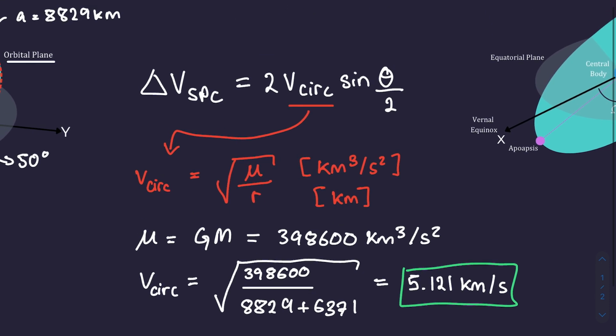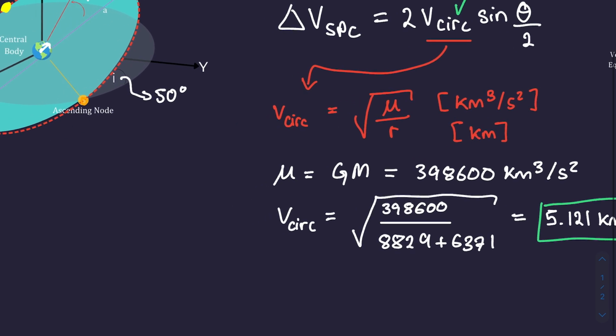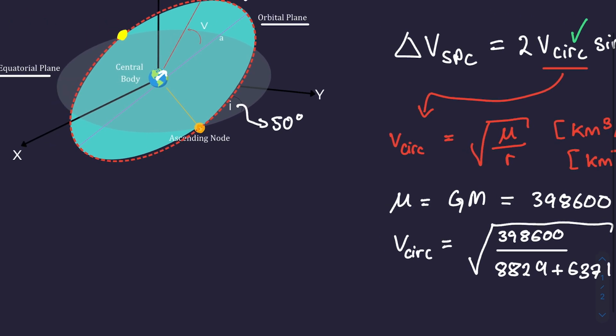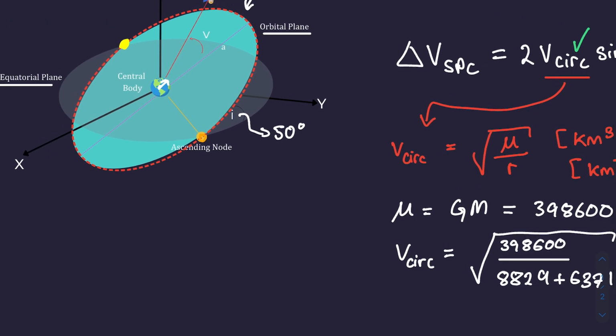So we've got our circular velocity, and now we need to figure out our theta. This theta term is simply going to be the degree of change that we're carrying out. So that's going to be 50 degrees because we're starting with an inclination of 50 degrees and going to an inclination of 0.